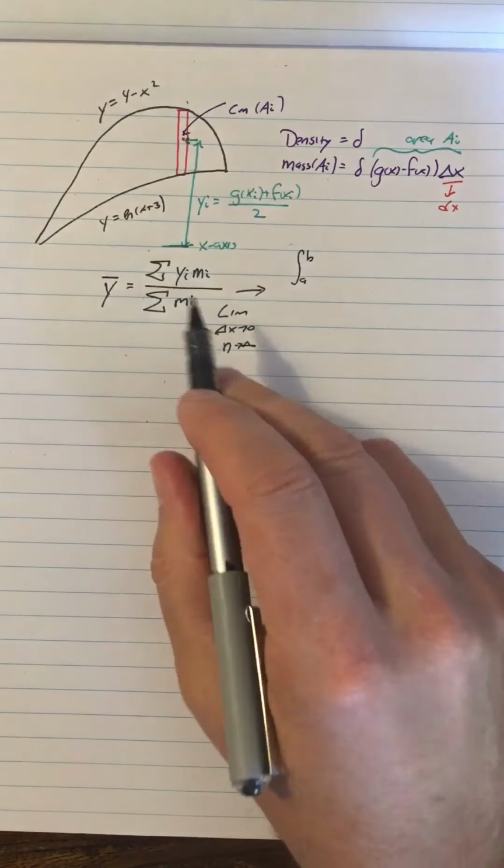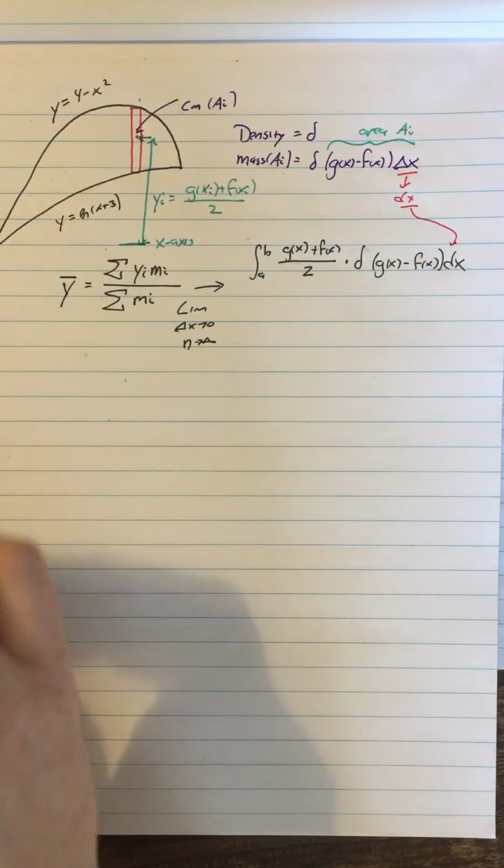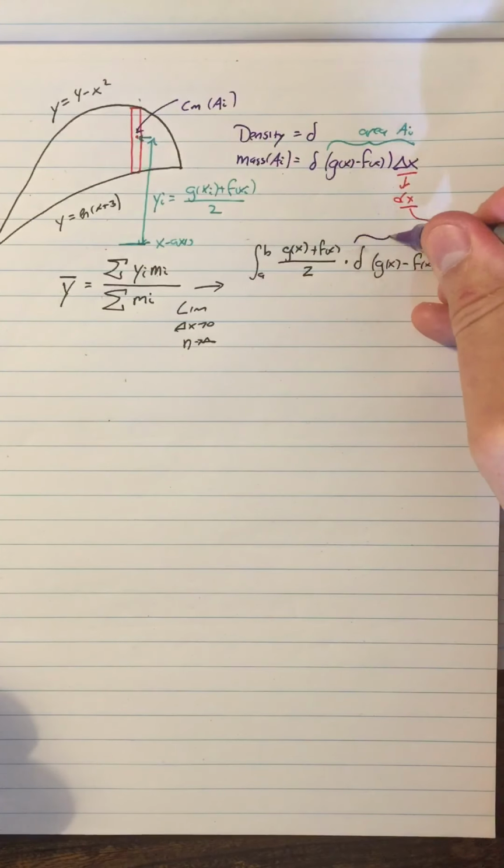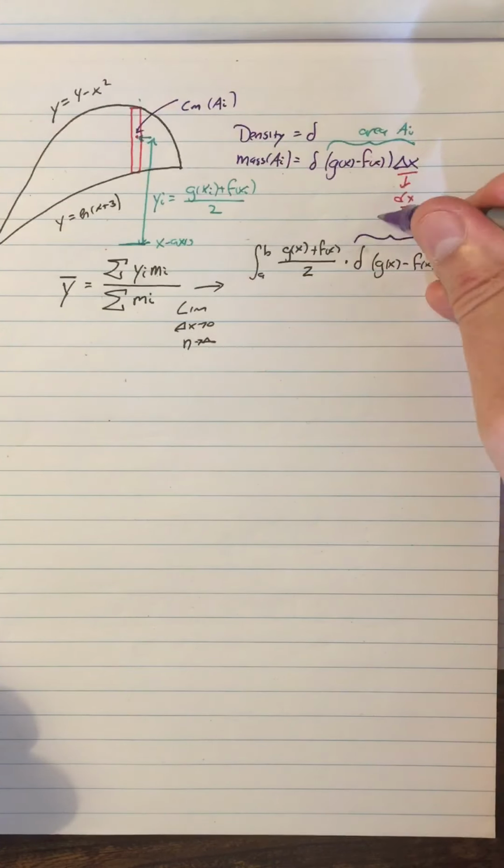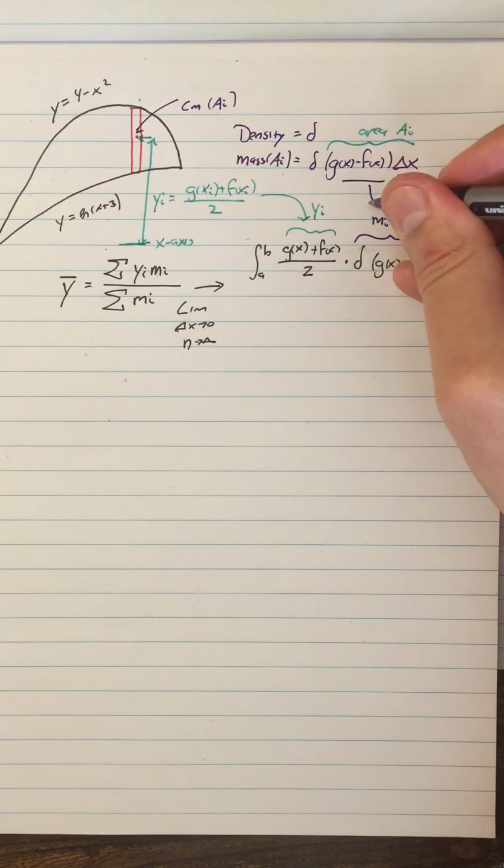That looks complicated, but it actually simplifies quite a lot. The delta x from here has become the dx from here. This expression right here is still the mass expression, so that's the mass. And this expression right here, which is from here, that's the y sub i. So the m sub i showed up here.